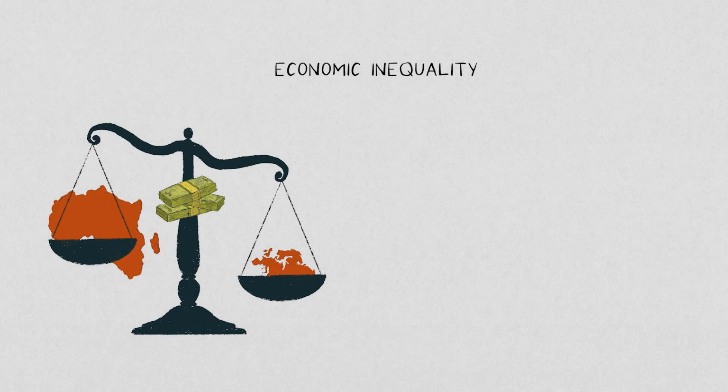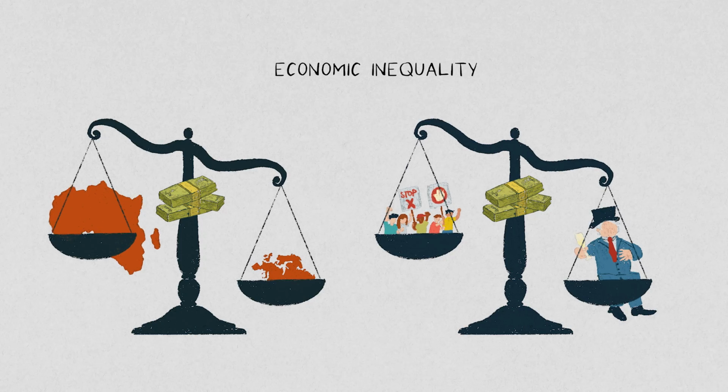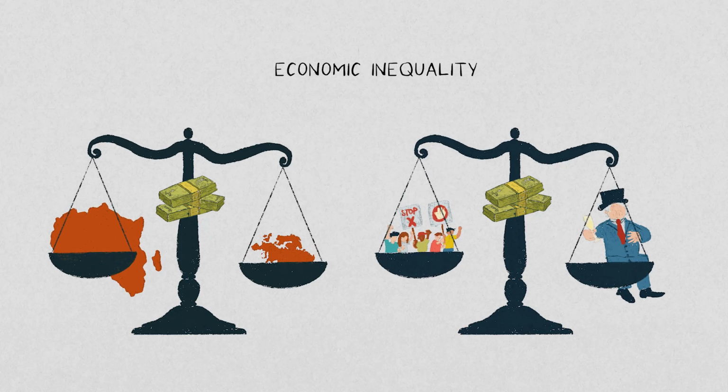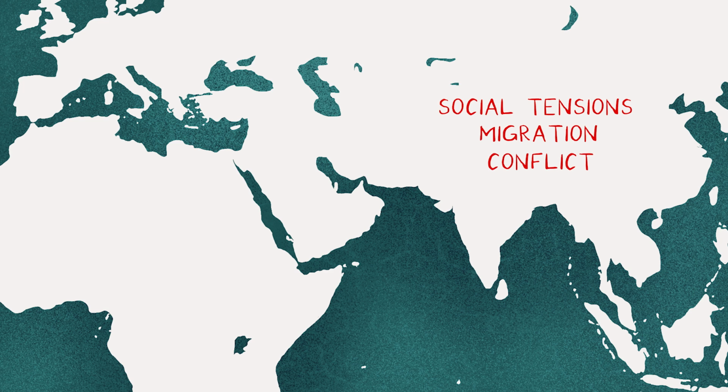Economic inequality is persistent, if not increasing, between continents, countries and regions, but also between cities, neighborhoods, and social classes within societies. All of the above being cause for social tensions, migration, and conflict.